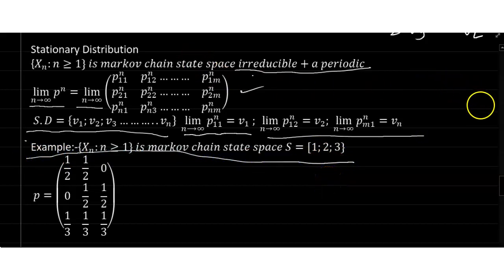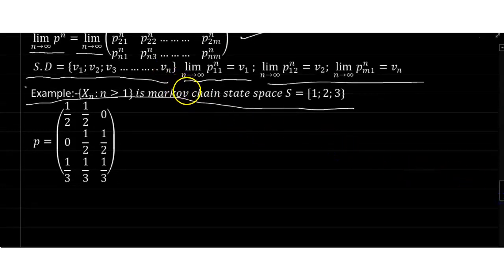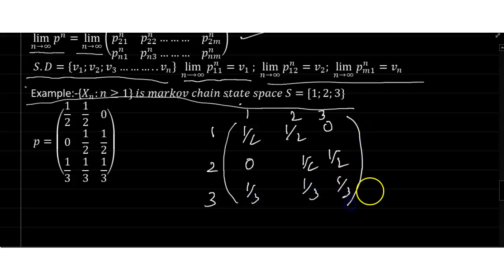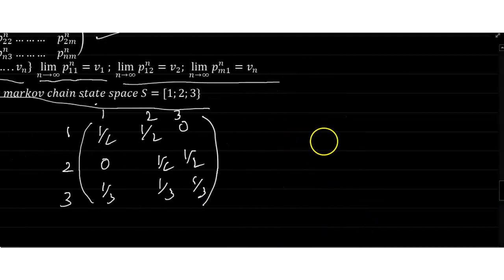So friends, let's start. Let me draw the directed graph. So this is the directed graph. You can write the matrix this way: half, 0, half for row 1, 0, half, and 1 by 3, 1 by 3, 1 by 3 for the last row. Now we draw the directed graph.